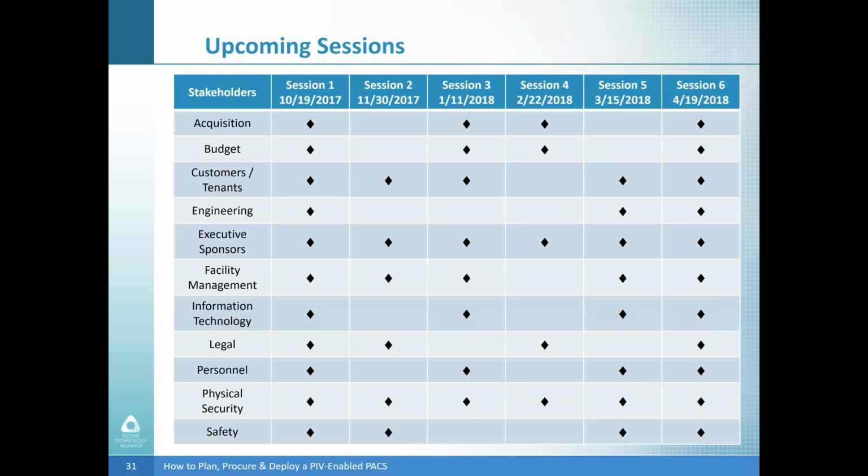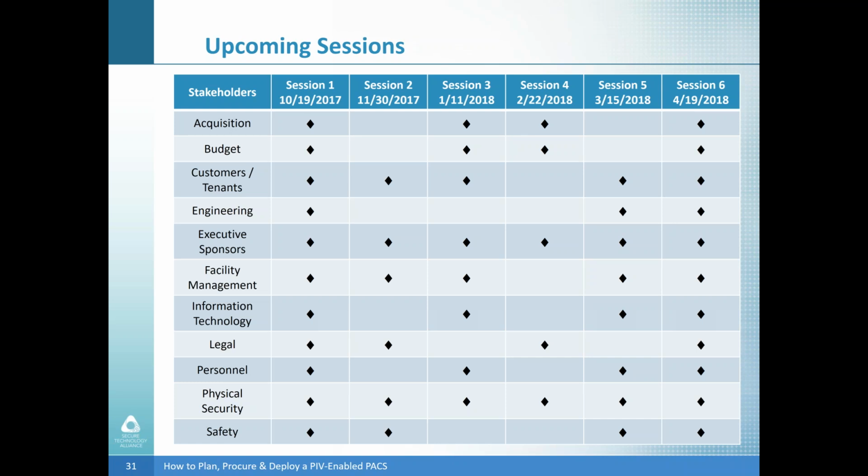Thank you, Mark. Next slide, please. So this is session number 3. Session number 4 will be presented on February 22nd. That will deal with how, from an agency perspective, they develop a procurement strategy.